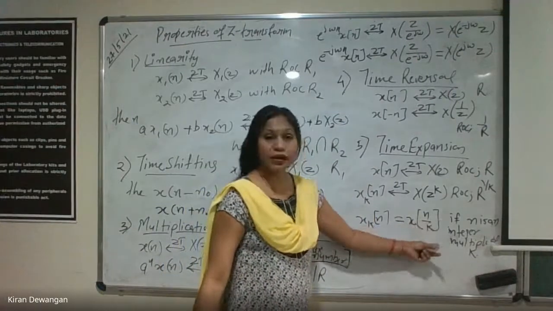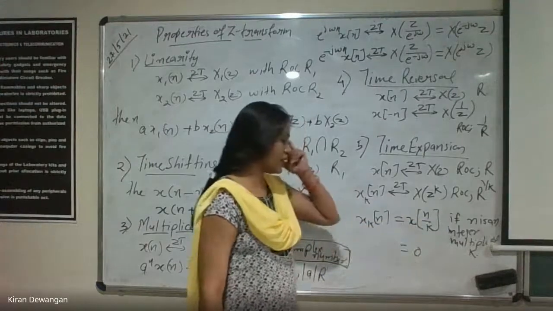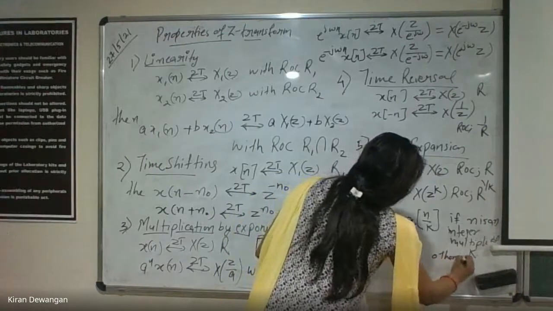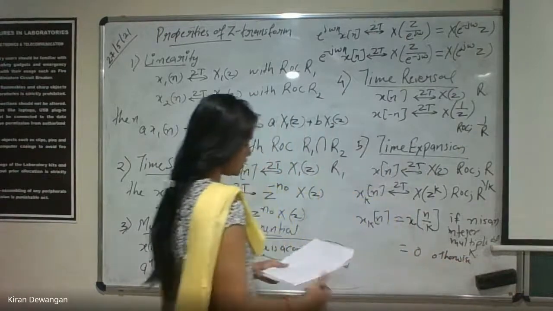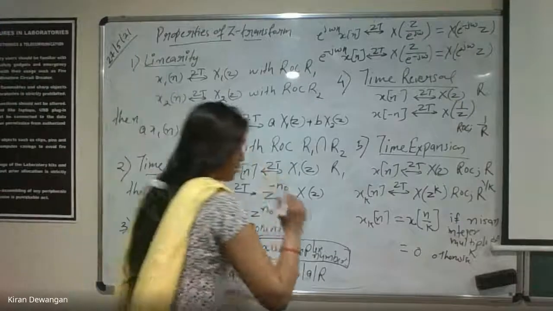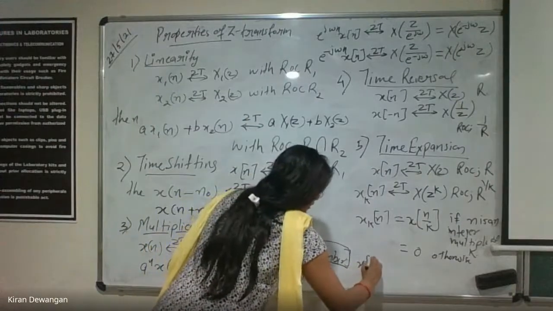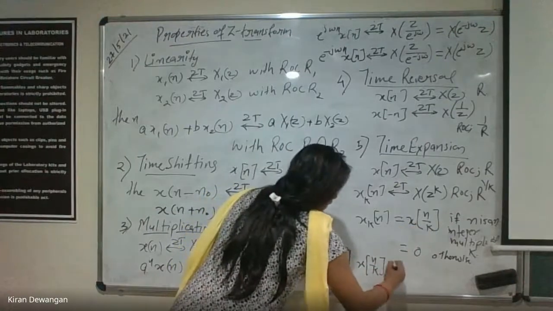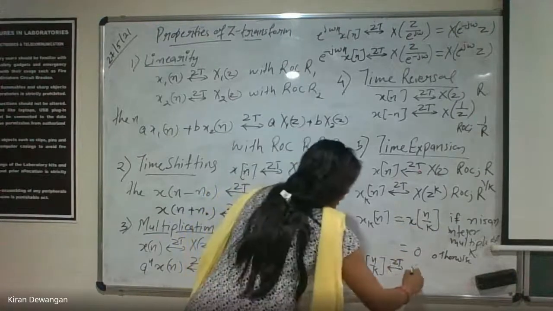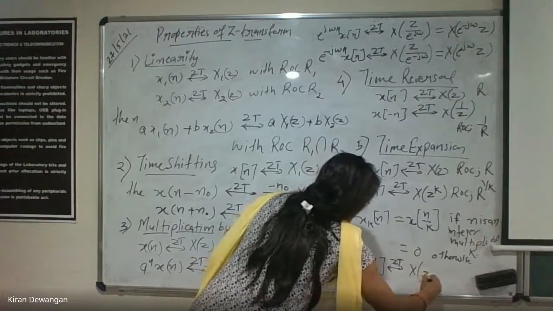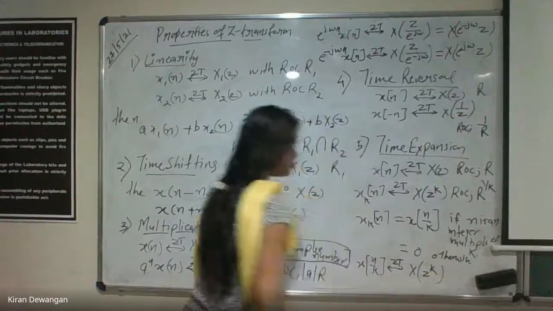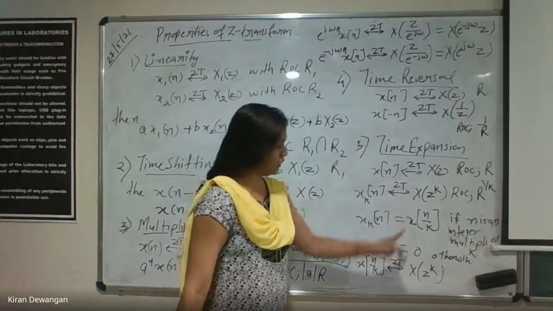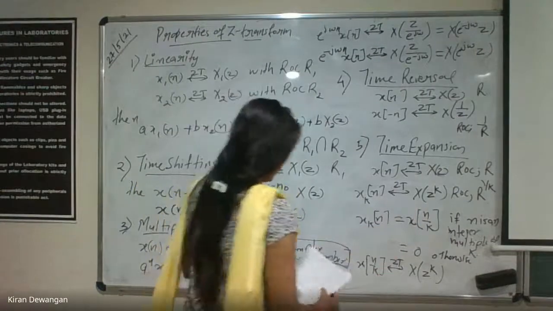If n is an integer multiple of k, in that case it will be x of n by k, and it is 0 otherwise. So this is what x of n by k means. If this is the condition, then in that case our z transform will be x of z to the power k. This is what is written here, x of z to the power k.